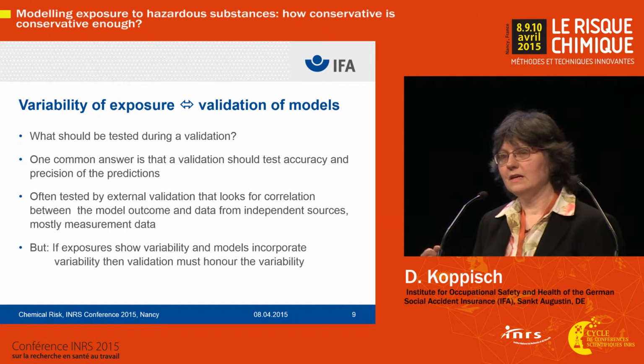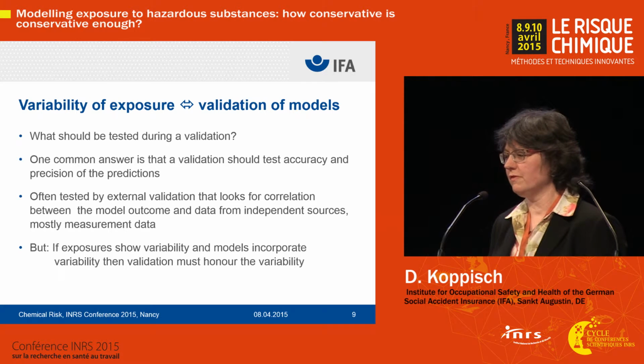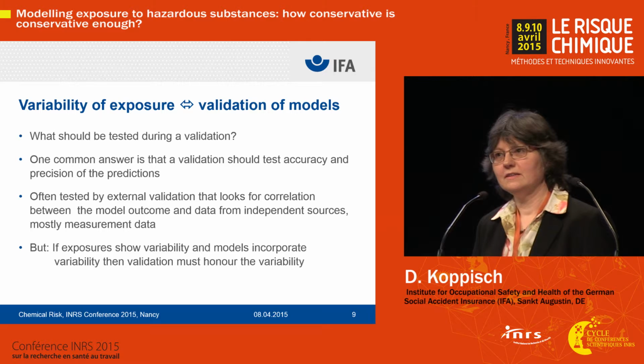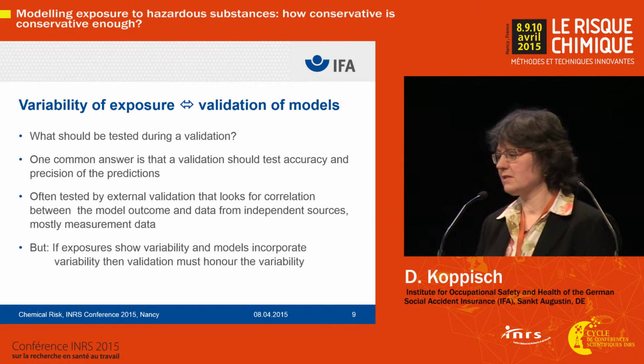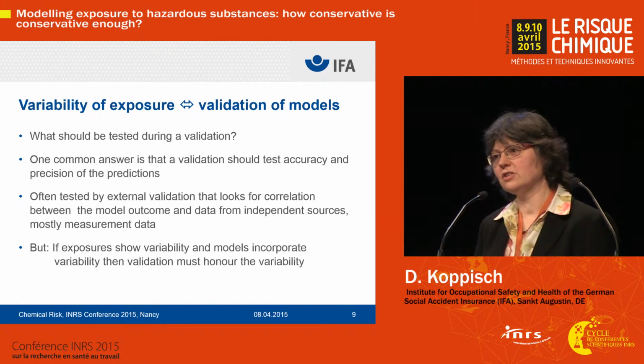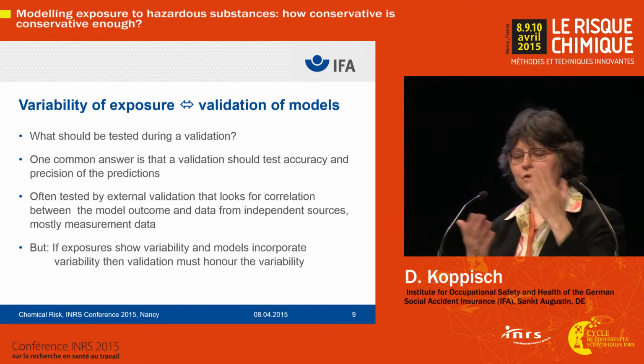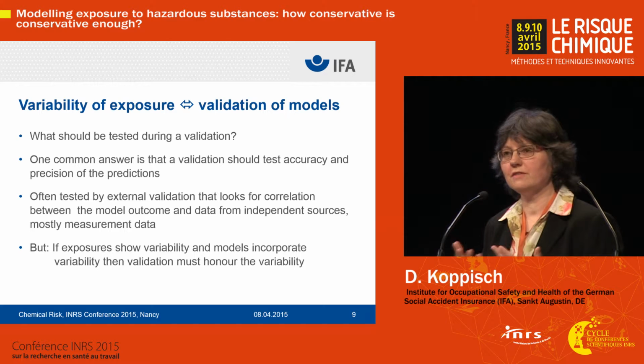But, as I said, if exposures show variability and models incorporate this variability, then validation must honor this variability and not just say only a very good correlation is important, but I also have to look at whether this variability is captured well by the model.